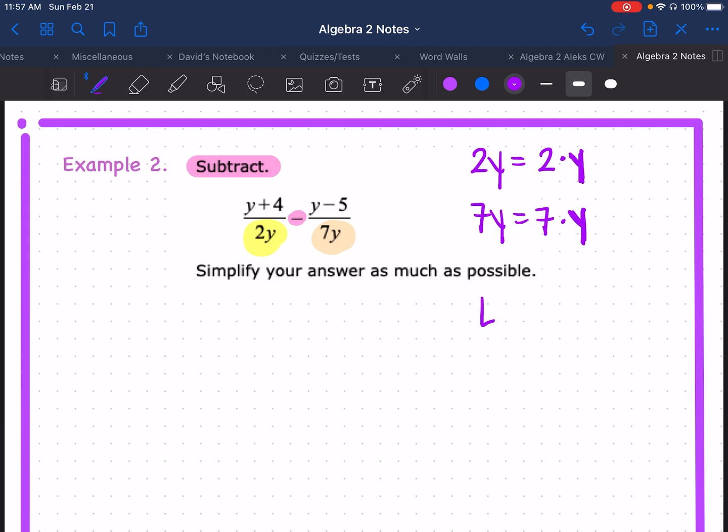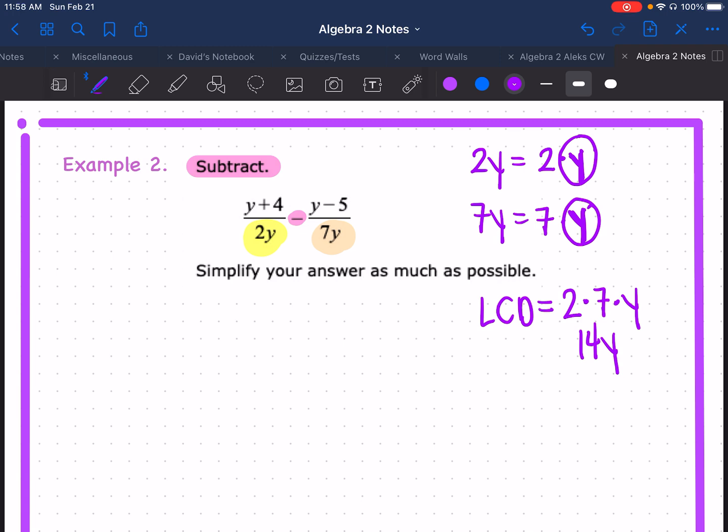So my LCD is going to be the 2 times the 7 times the y that they share. I only take what they have in common once. Sometimes it's nice to circle what they have in common. That might not be a bad idea. Let's circle what they have in common, and we only take it once. 2 times 7 is 14, so my LCD is 14y.